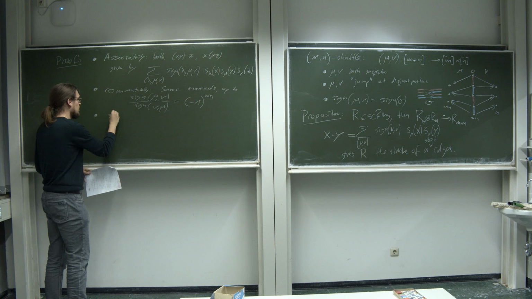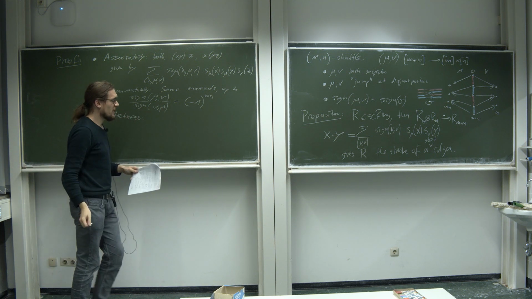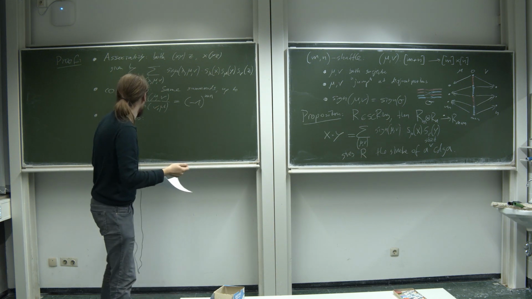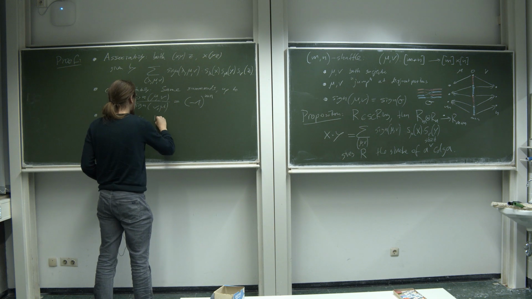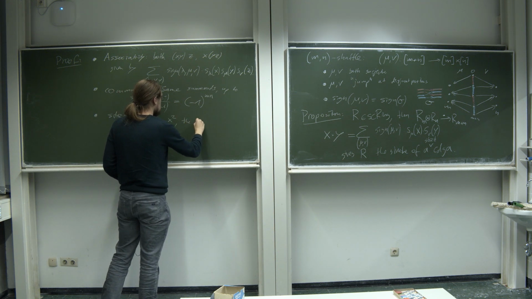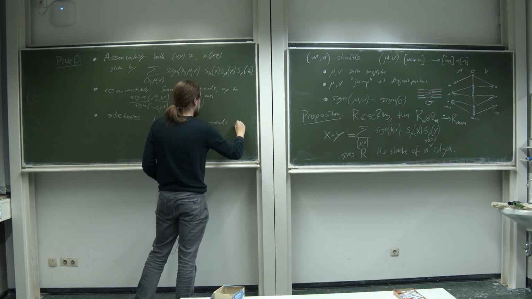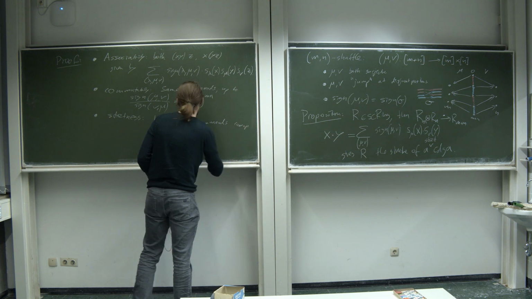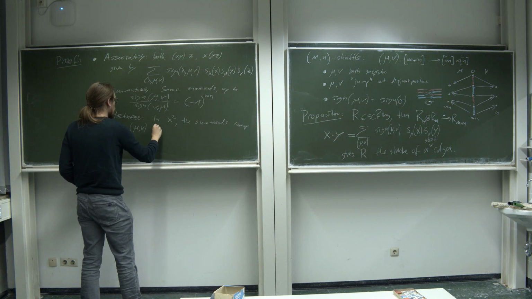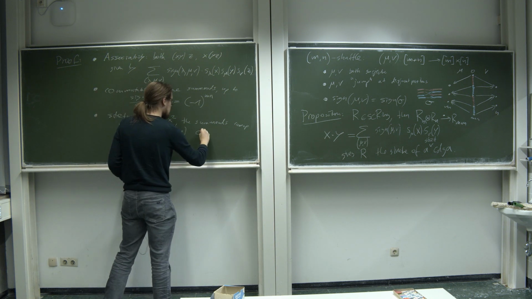A variant of this argument also gives us strictness. Right? We have to check that if x is of odd degree, then x squared is 0. And in fact, in x squared, you'll see that the summands corresponding to mu nu and nu mu simply cancel.